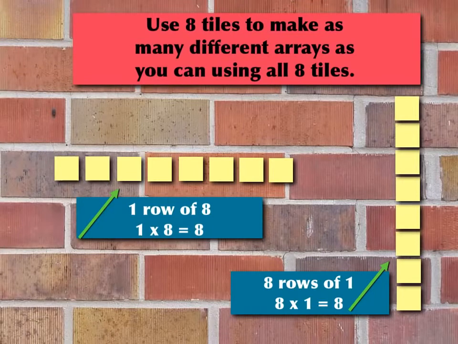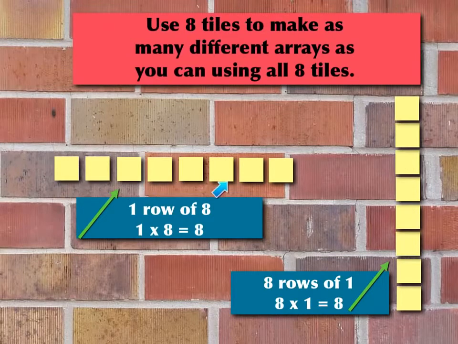Let's look at arrays a little bit differently. We're going to use 8 tiles to make as many different arrays as possible. And we have to use all 8 tiles every time. So use 8 tiles to make as many different arrays as you can using all 8 tiles. Well, let's look at the first way. We took the 8 tiles and we put them into one row. 1, 2, 3, 4, 5, 6, 7, 8.